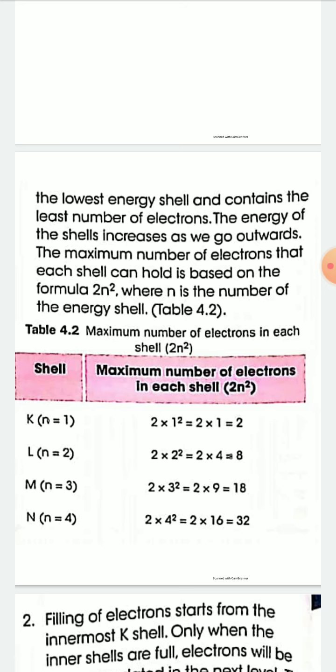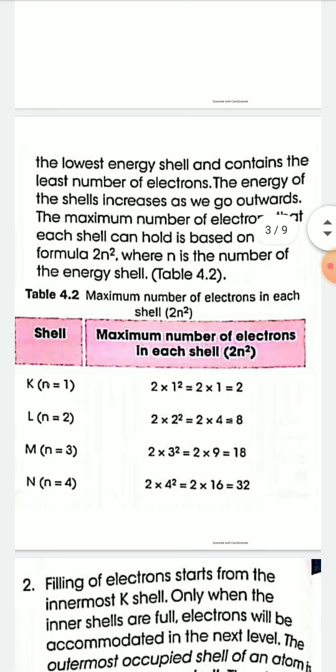For the third cell, n is equal to 3, which is M cell, which can contain 2 into 3 square, that is 18 electrons. Similarly, for the fourth cell, n is equal to 4, which is N cell, which can contain 2 into 4 square, that is 32 electrons.